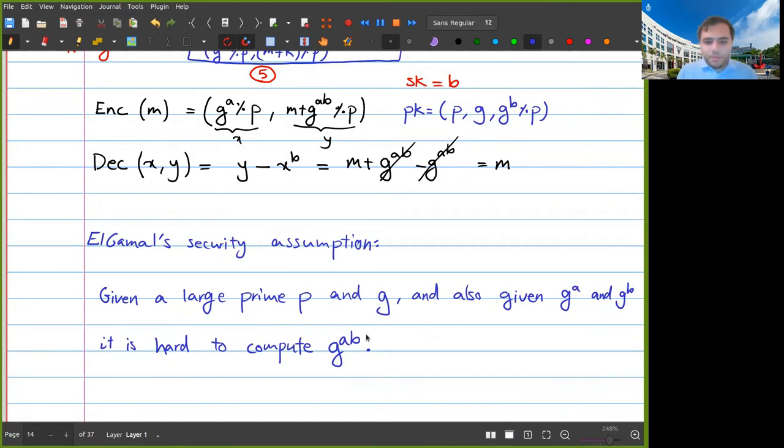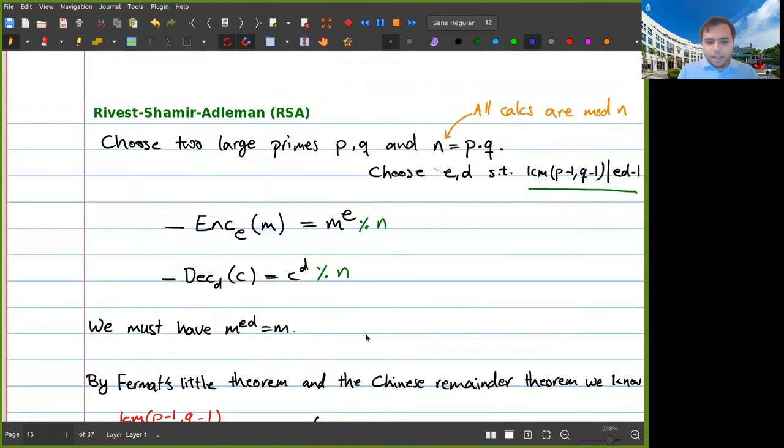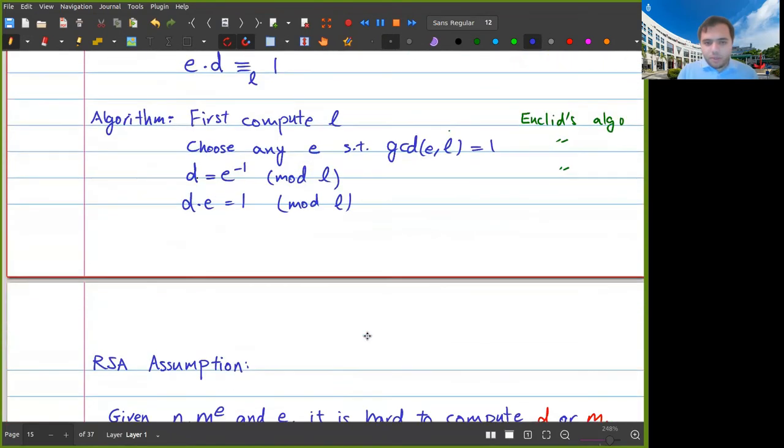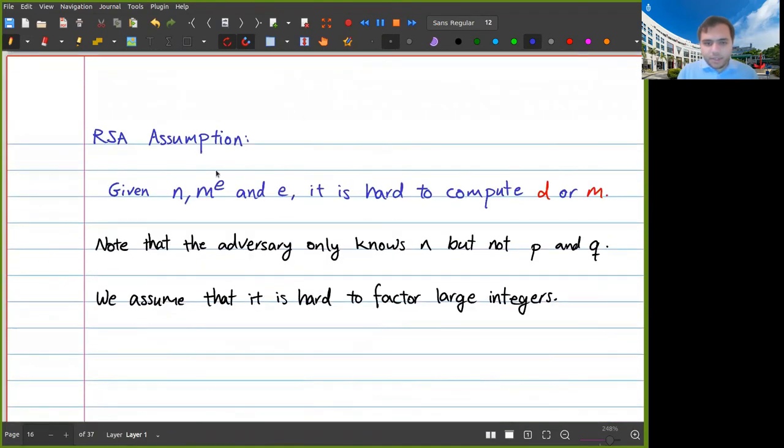Okay. But this is actually the main difference between ElGamal and RSA, because if you look at what we had in RSA, this was the RSA assumption. The RSA assumption was quite different, and it was actually based on factoring large integers.